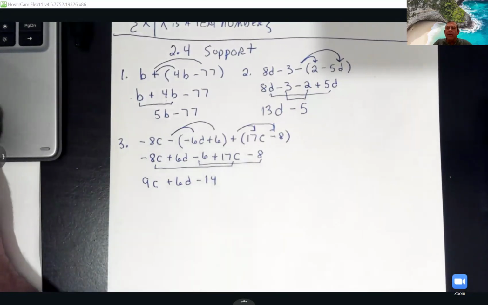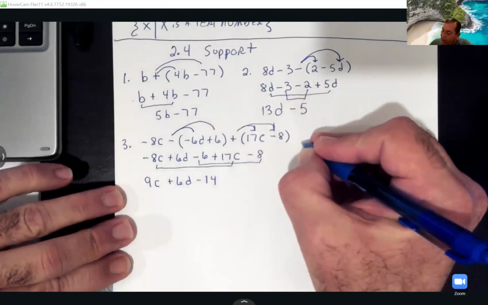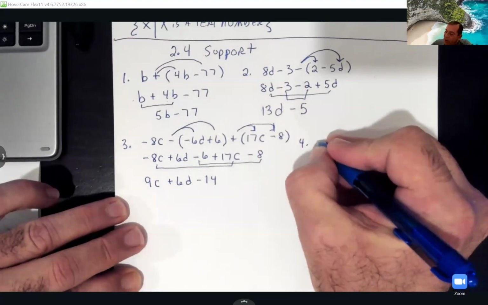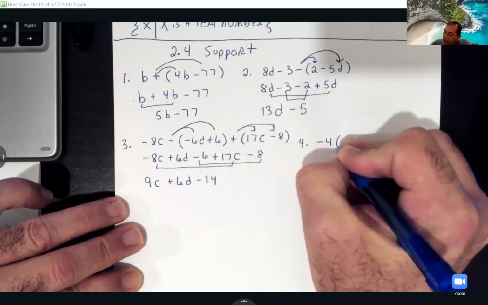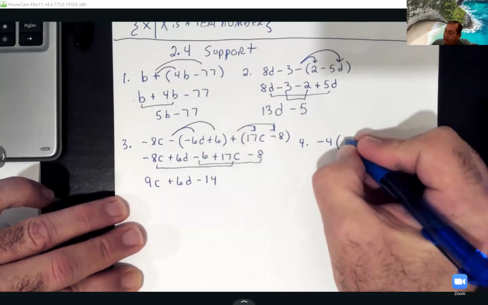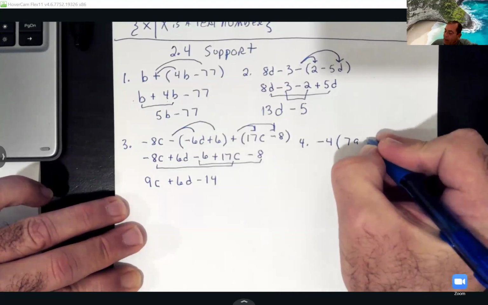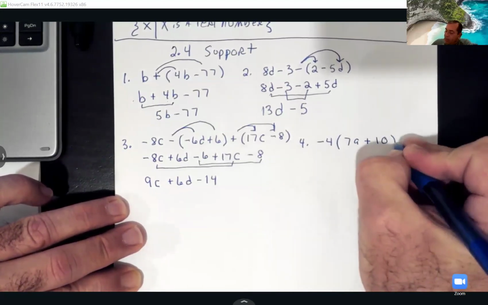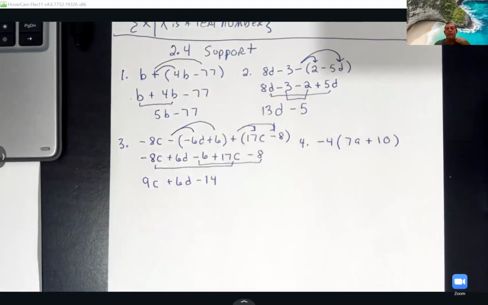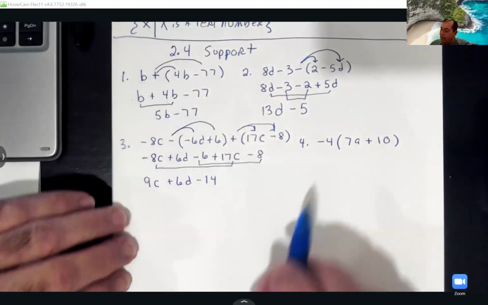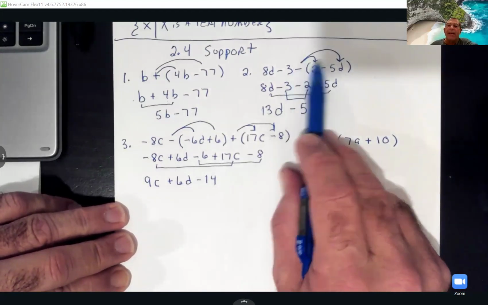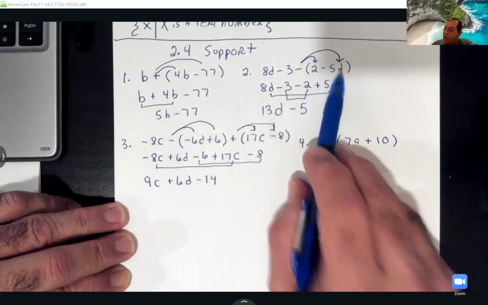All right, y'all, let me ask y'all this. Y'all have heard of the distributive property, right? So number 4 is a -4, and then parentheses 7a plus 10. Now, this is going back to the distributive property, which is basically what we were doing with these negatives up here. We treated them like -1s.